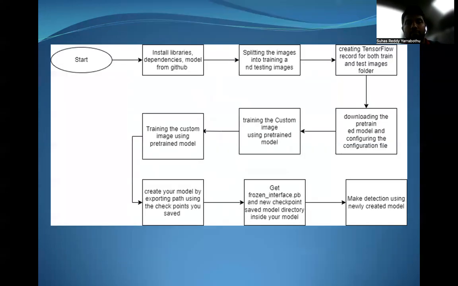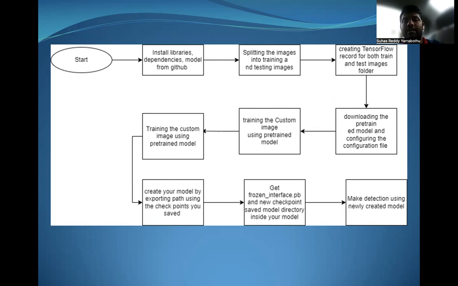And the next one. So here I have clearly explained how TensorFlow works in image processing. First we have to install the dependencies and the model, which is available on GitHub related to TensorFlow. After that, we have to take the collected data and split the images into training and testing images.